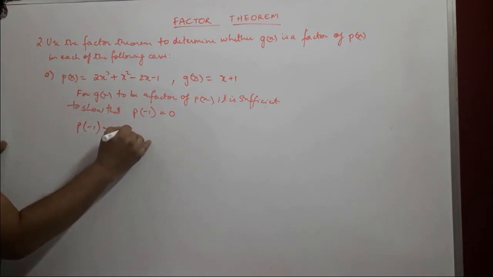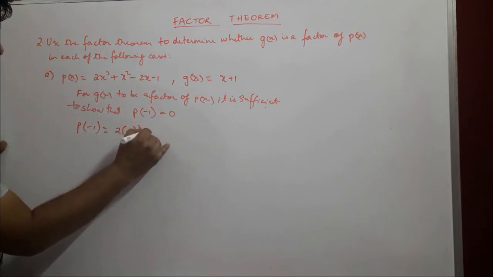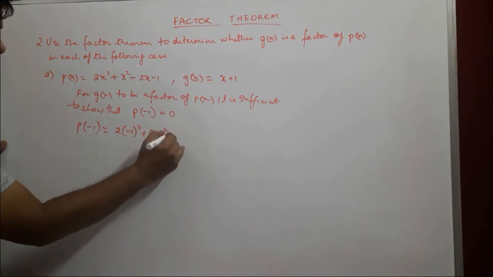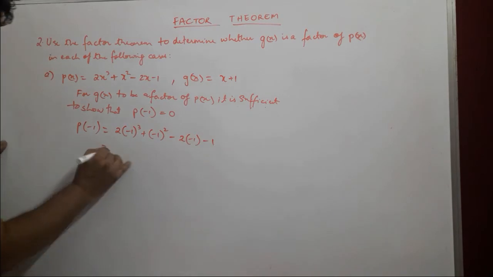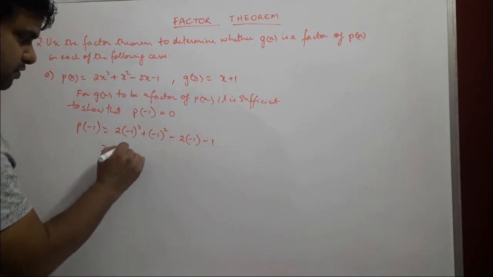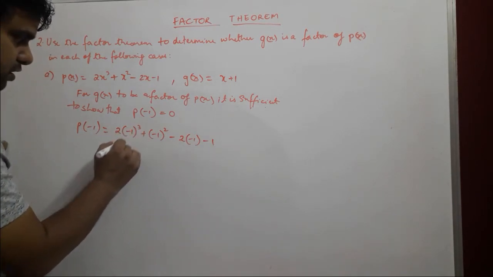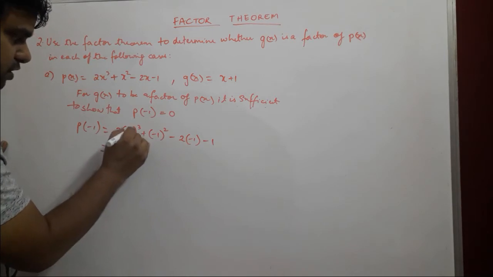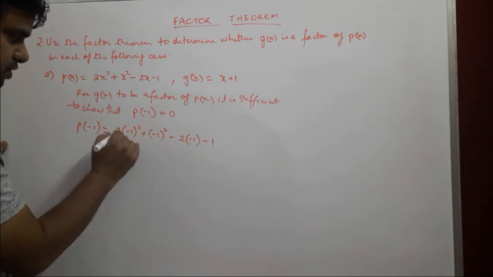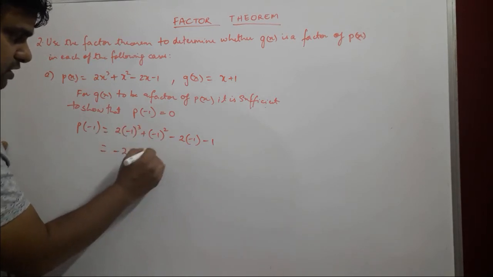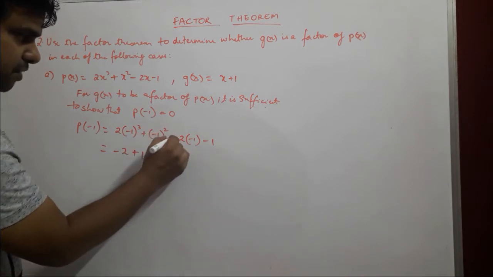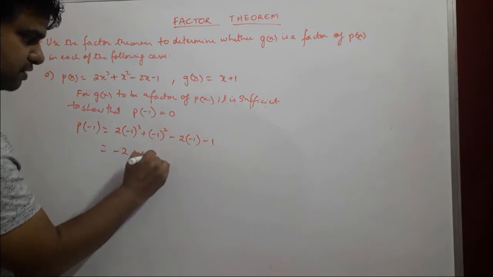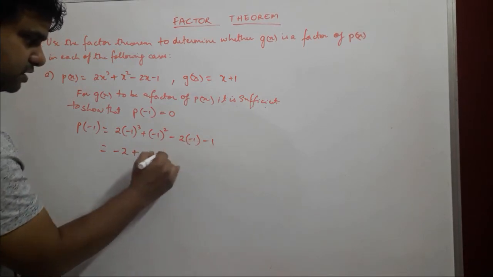So p of minus 1 equals 2 into minus 1 whole cube plus minus 1 whole square minus 2 into minus 1 minus 1. 2 into minus 1 whole cube gives us minus 2, because minus 1 whole cube is minus 1. Plus minus 1 whole square gives us positive 1, and minus 2 into minus 1 gives us positive 2, and this is minus 1.